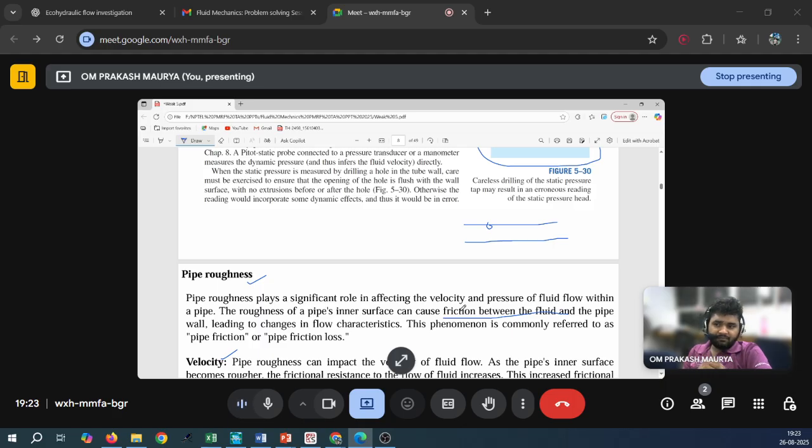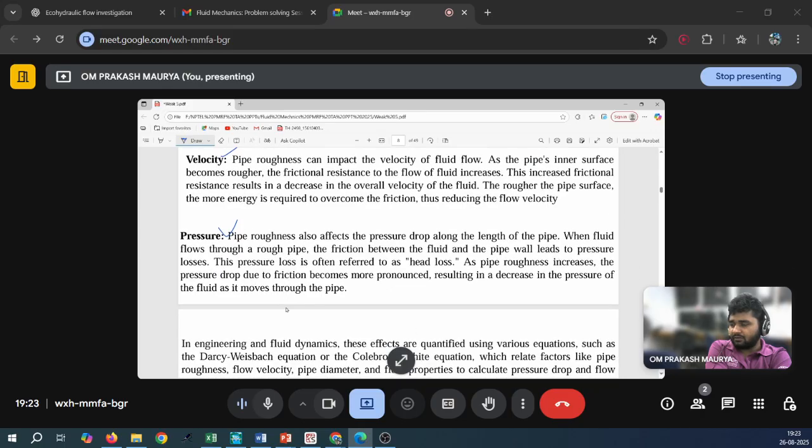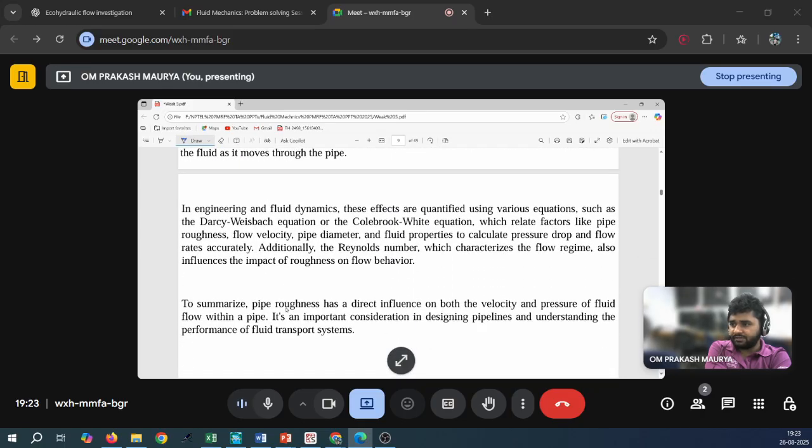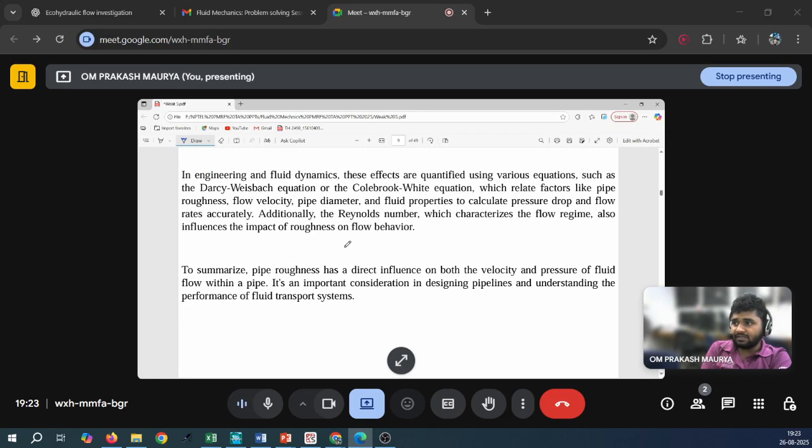If the pipe material is smooth, the roughness will be less, and the roughness effect on the fluid flow will be less. Now, the velocity and pressure we have already discussed. Here one thing is very important. In fluid mechanics, we quantify the effect of roughness using the Darcy-Weisbach equation or the Colebrook-White equation. So remember these things also.